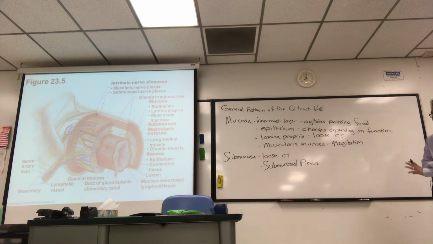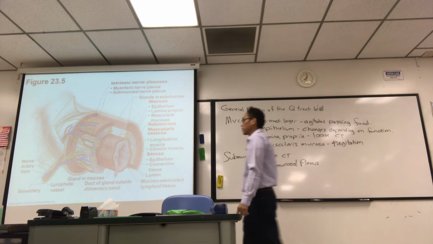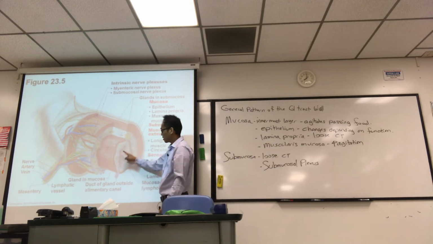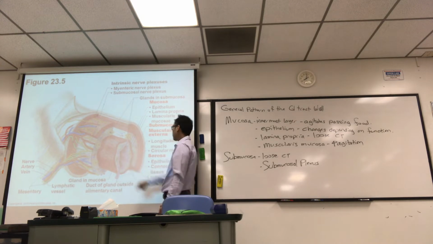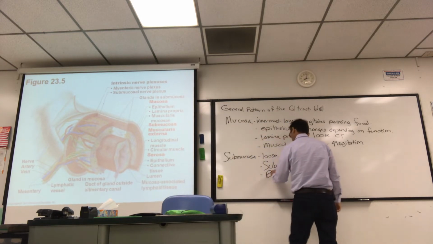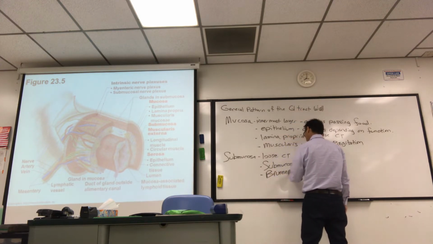But also, in the duodenum, I want you to be able to identify these glands called the Brunner's glands. They do illustrate glands here in the submucosa on this picture that will secrete into the digestive tract. The ones I want you to know are called Brunner's glands.